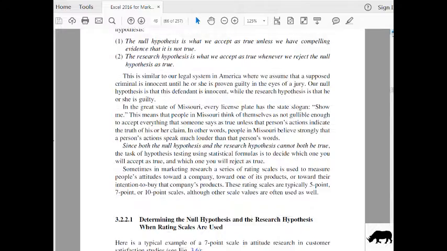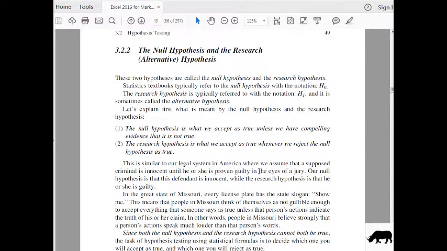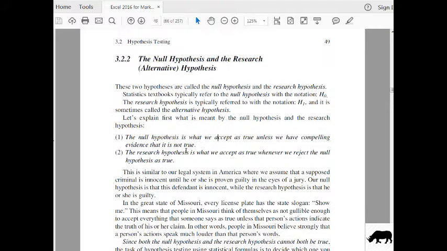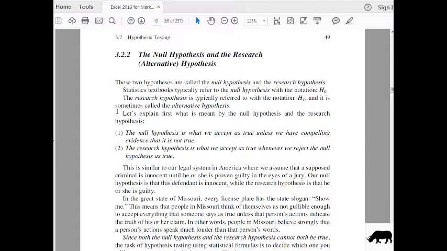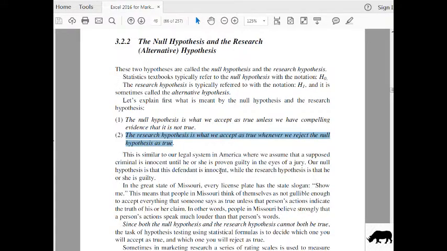The research hypothesis is typically referred to with the notation H1, and it is sometimes called the alternative hypothesis. Let's explain first what is meant by each. The null hypothesis is what we accept as true unless we have compelling evidence that it is not true. The research hypothesis is what we accept as true whenever we reject the null hypothesis as true.